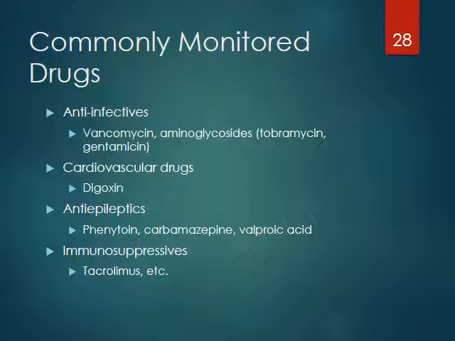So here are some medications that are commonly monitored with therapeutic drug monitoring. It's not an all-inclusive list, but probably the more common ones you'll see, at least in clinical practice. First group being anti-infectives. The two big ones here are going to be vancomycin and also the aminoglycosides, namely tobramycin, gentamicin, and also amikacin would fall in this category as well, although amikacin probably isn't used quite as much as these other two.